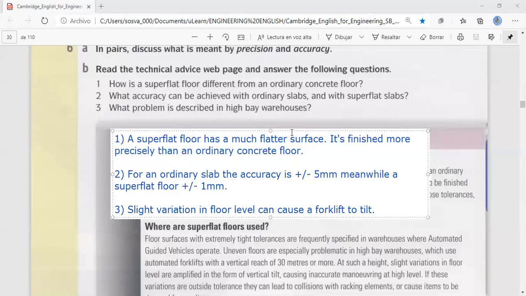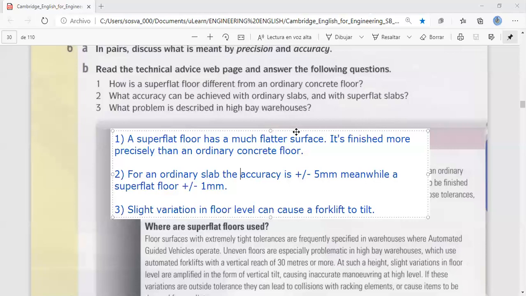I know that in this case, for forklifts, it's necessary to use different tires. In this kind of floors, the tire is important because they are different.